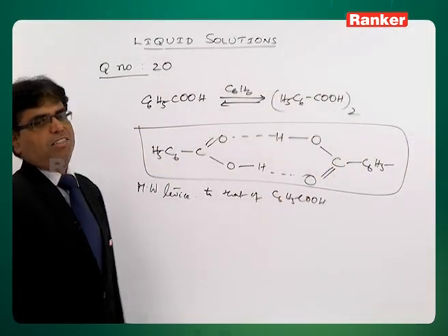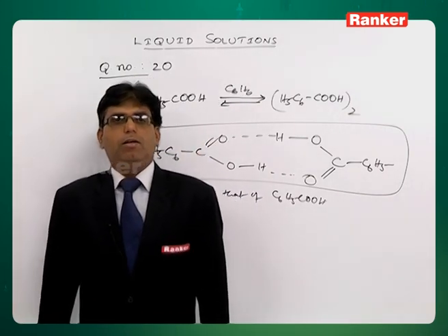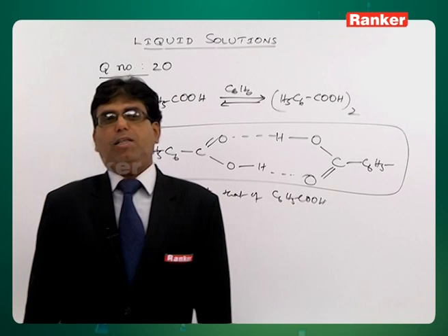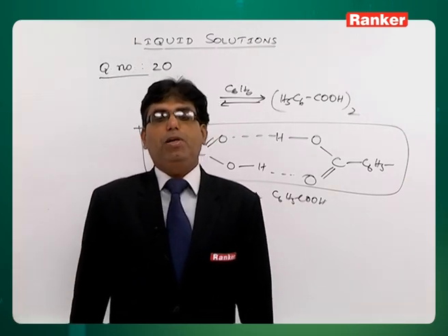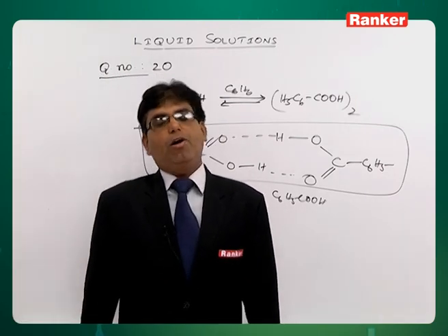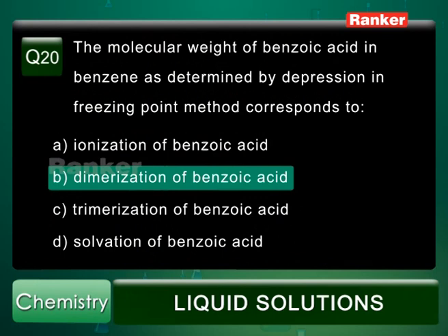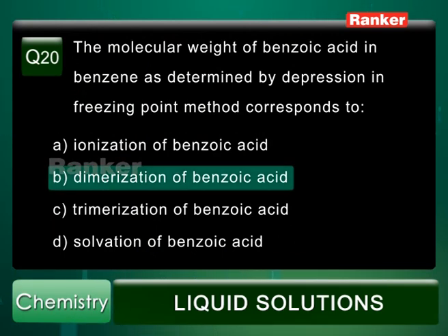In benzene, as it undergoes dimerization, the molecular weight determined over here corresponds to dimerization of benzoic acid, but not ionization, not trimerization or solvation. It is dimerization. So, the correct answer is option B.